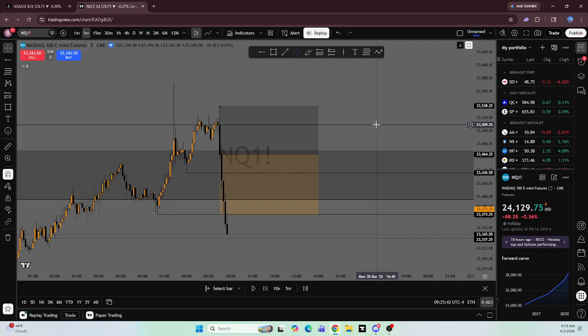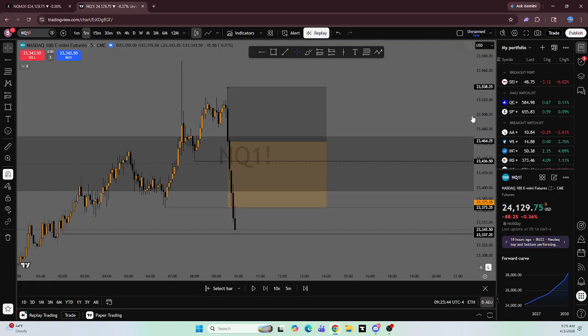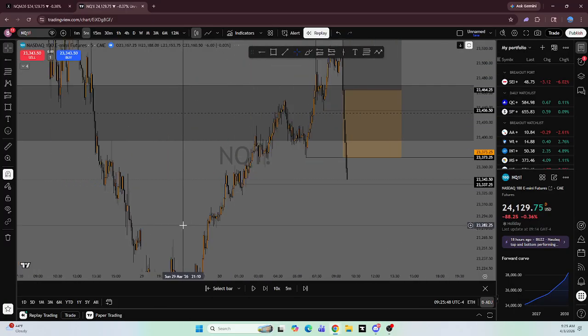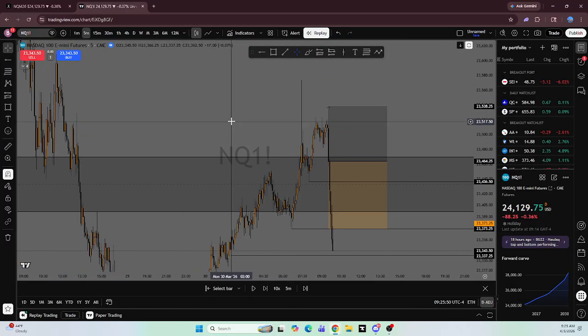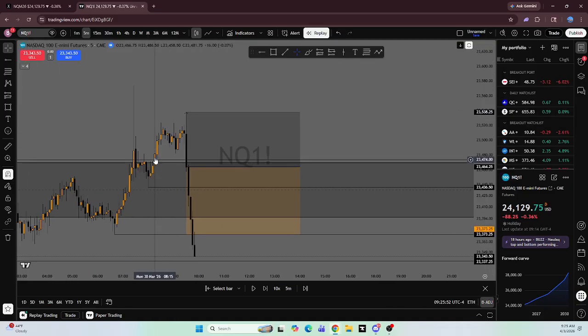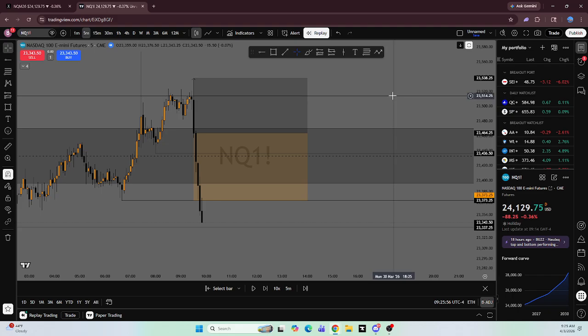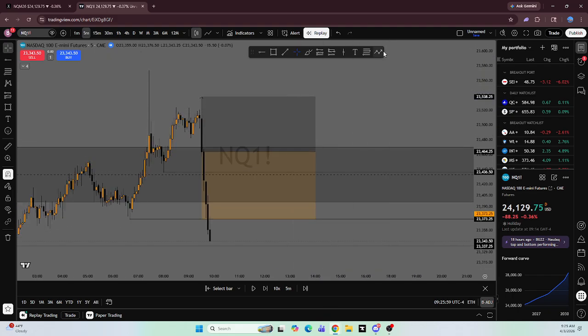So that's my next condition. And the third condition is the retrace, which we did get coming up here. You could say this entire thing is a retrace into this giant 4-hour gap, but I would just say this, and then maybe the sweep of these highs was a retrace into a displacement candle. And those are the 3 conditions I need to take a trade, and this one ended up playing out, which is nice.